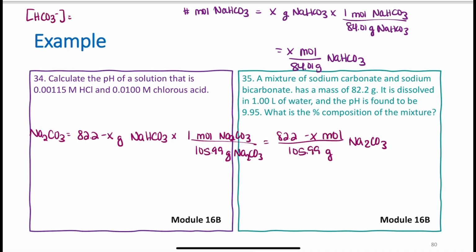My HCO3 concentration, these are all in 1 liter. I just told you that this represents the moles of NaHCO3. So I know it's a 1-to-1 ratio, so that means that my X moles NaHCO3 divided by the 84.01 grams divided by 1 liter solution.